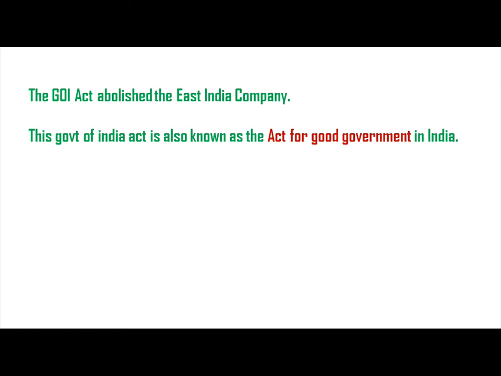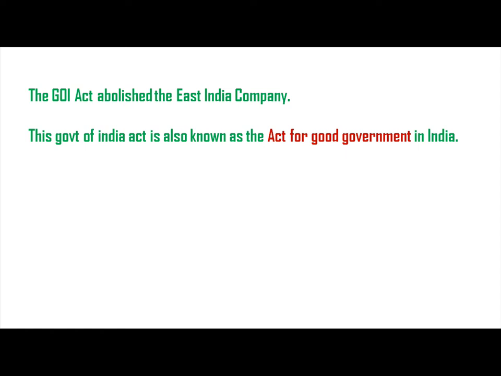All these days, India was under the rule of the East India Company, but now it is under the direct rule of the British Crown. All decisions will be taken by the British Crown directly because the East India Company is completely abolished. So who started ruling us? The British Crown. Coming to the second point, this Government of India Act is also known as the Act of Good Government in India.